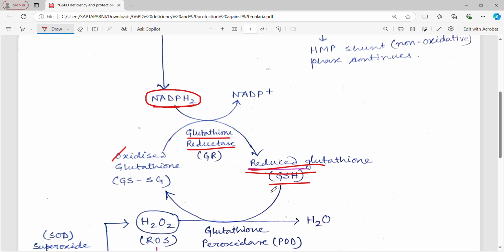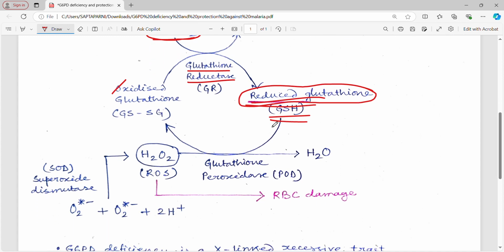Okay. And this reduced glutathione is very important for our antioxidative system. This reduced glutathione helps the glutathione peroxidase enzyme to convert toxic hydrogen peroxide into non-toxic water molecule. Okay.